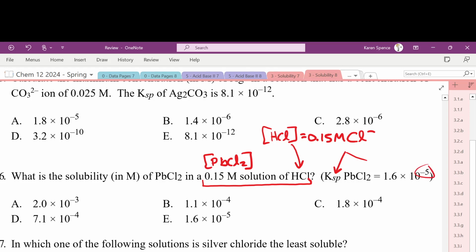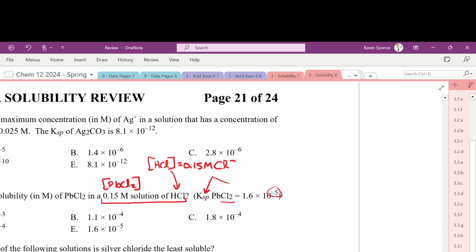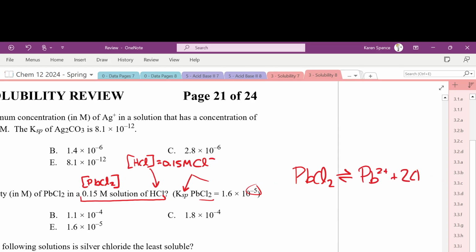Now, KSP is 10 to the negative 5. It's not really super small, but it is really small. So is the concentration of chloride from dissolving lead chloride going to be significant compared with 0.15 molar? And the answer is no. Like if you wanted to write it as a RICE table, you could say I've got PbCl2 going to Pb 2 plus and 2Cl minus.